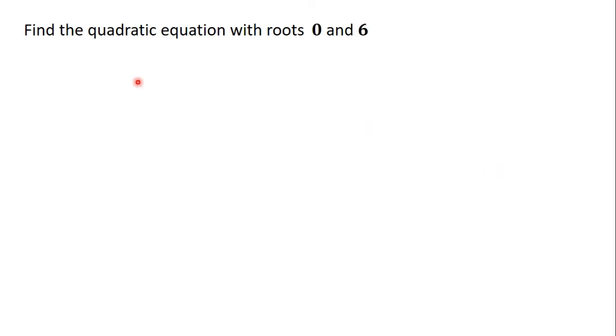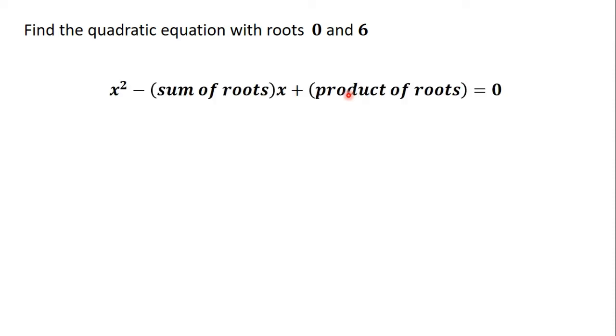Find the quadratic equation with roots 0 and 6. Remember that I said in each one of these examples, we are going to assume that the variable is x. So if the variable is x, then the equation is giving us x squared minus sum of roots x plus product of roots is equal to 0.